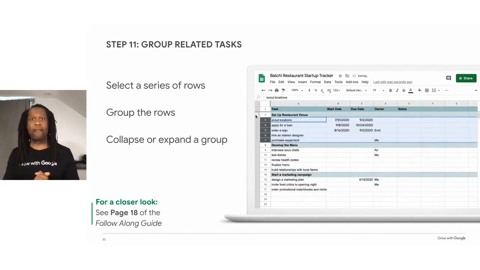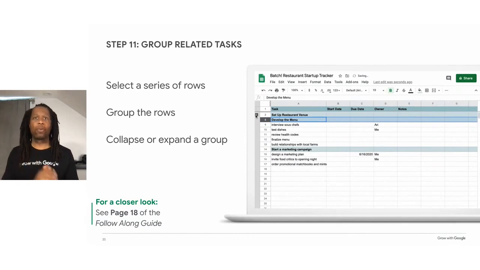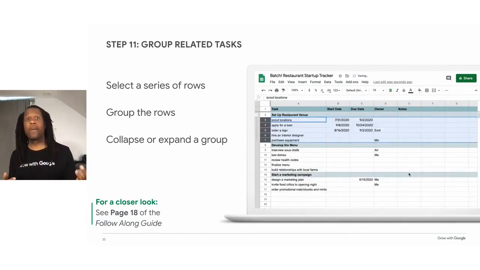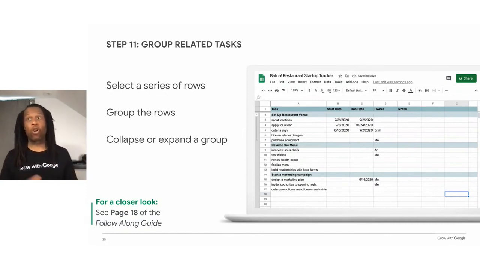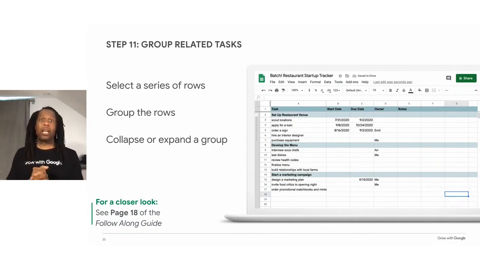And then once you have all the rows selected, you can right-click with your mouse and then choose Group those rows. An icon appears, which allows you to quickly hide the rows or expand them to see all of the useful details that they contain. All these tools help you to keep your spreadsheet looking uniform and easy to read. If other people are going to be using your spreadsheets too to track those tasks, this is especially important.